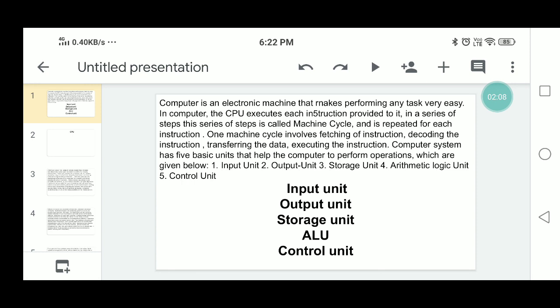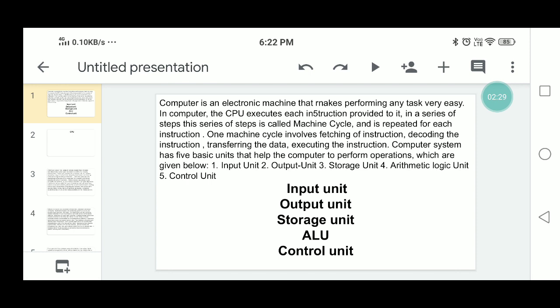The next, a computer system generally has 5 basic units: input unit, output unit, storage unit, arithmetic and logical unit, and control unit.